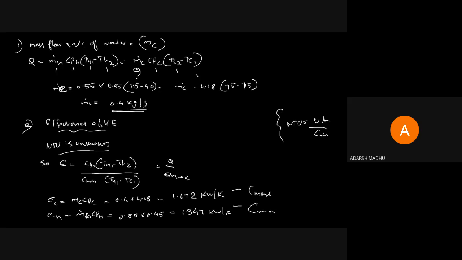So effectiveness equals C minimum by C minimum, TH1 minus TH2 divided by TH1 minus TC1. The C minimum, or CH value, is cancelled, and we can write the effectiveness value directly from here.